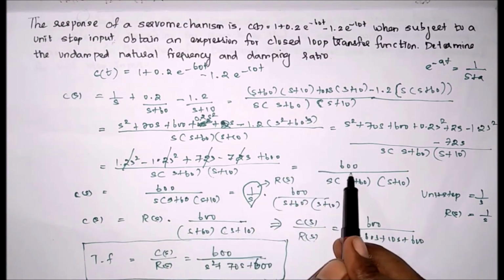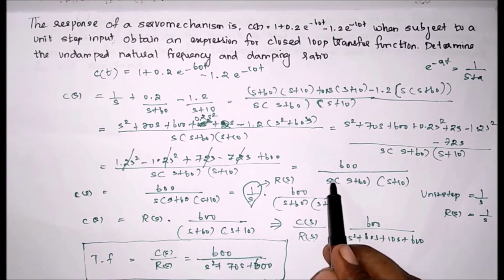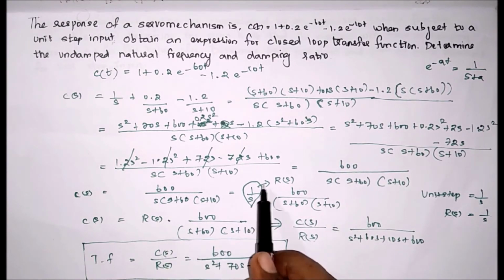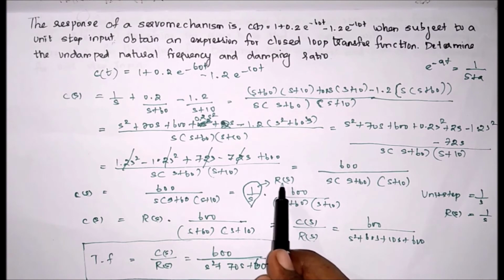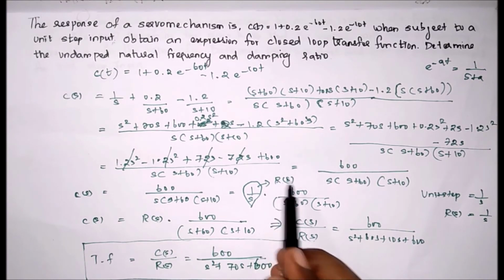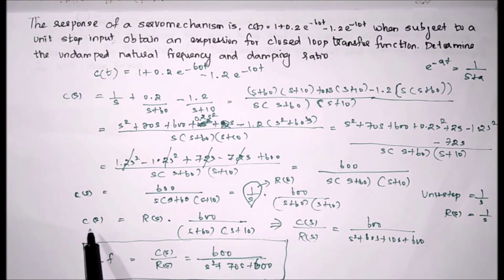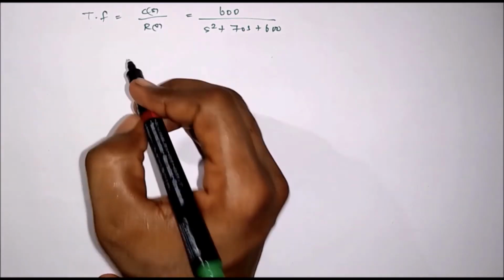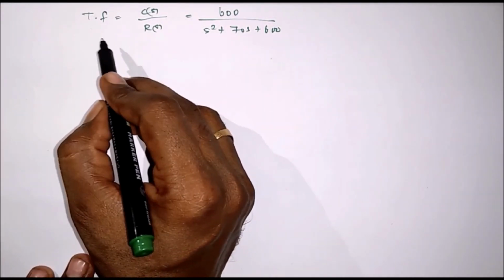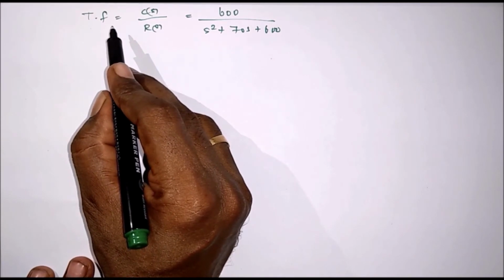After taking LCM, we got this expression. From this, we separated 1 by s, which we considered as unit step input, R of s. We brought this to the left hand side, so we got C of s divided by R of s. So this is the required closed loop transfer function for unit step input.